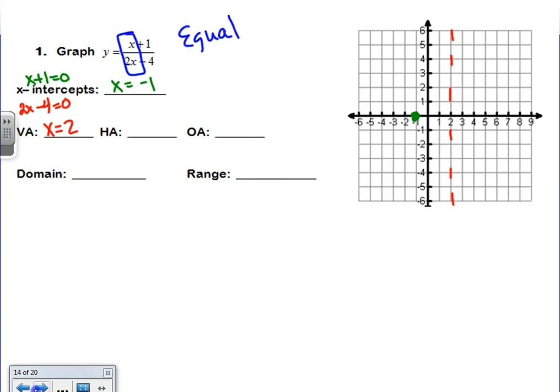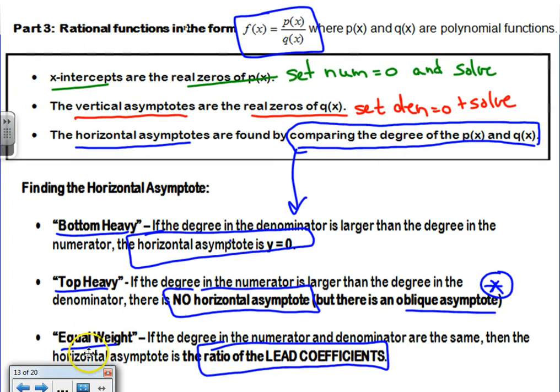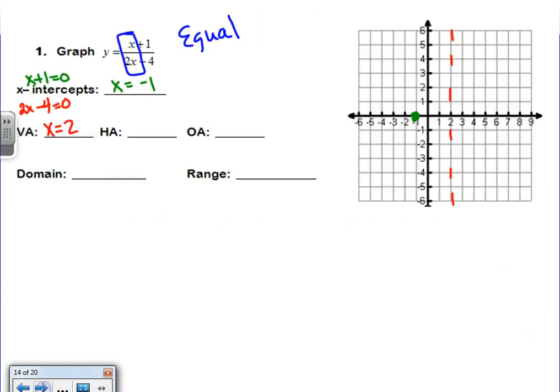And our chart back here, our bullet points, said if they are equal weight, then the horizontal asymptote is the ratio of the lead coefficients. Well, our coefficients are the numbers in front of the lead terms, so we got a 1 over a 2, so your horizontal asymptote is at y equals 1/2.